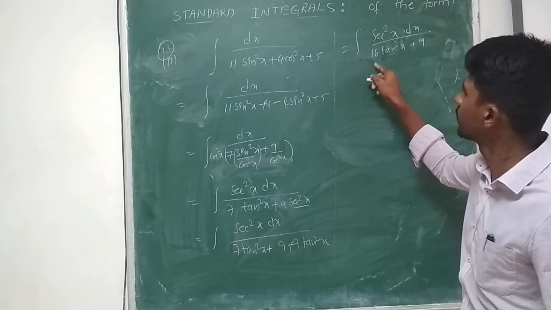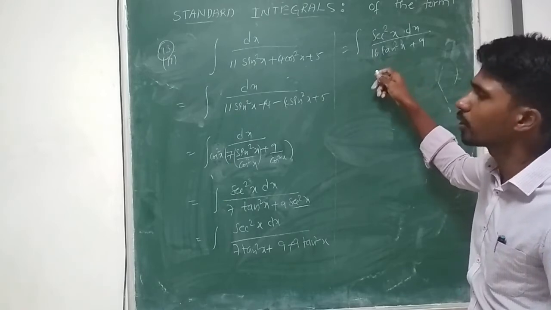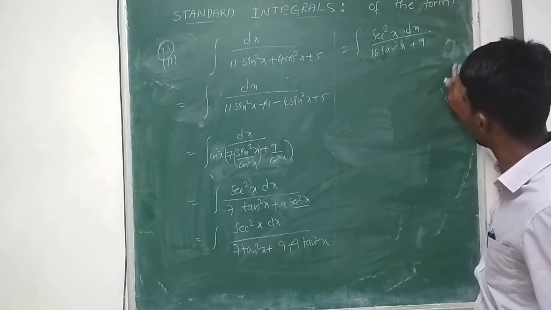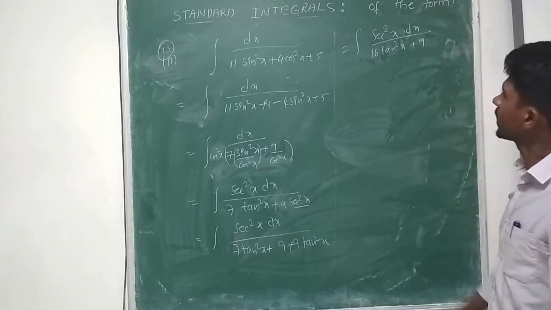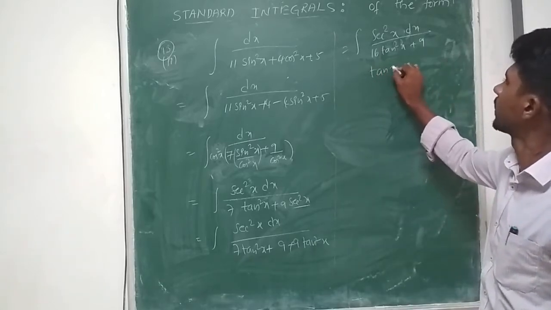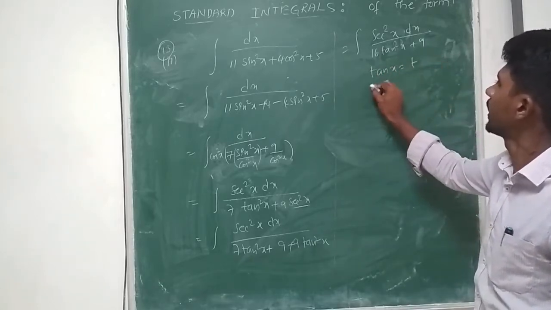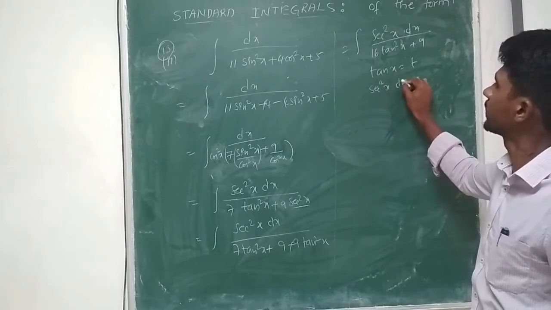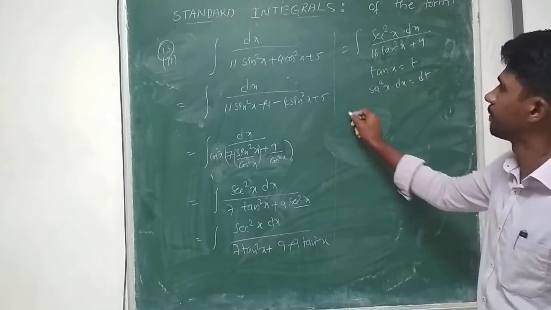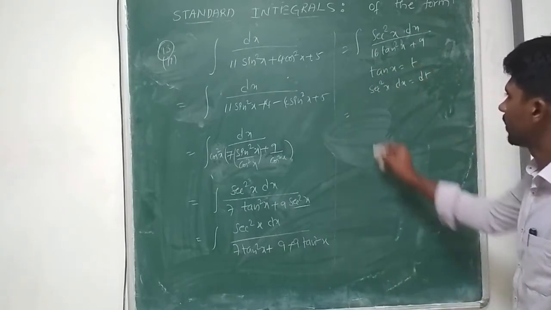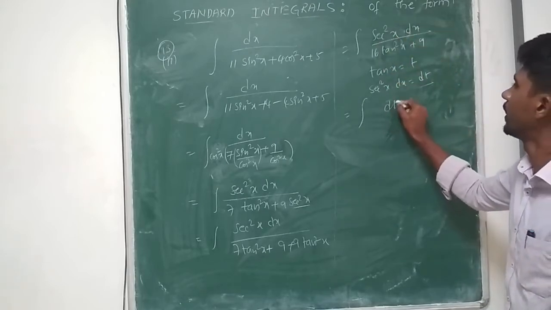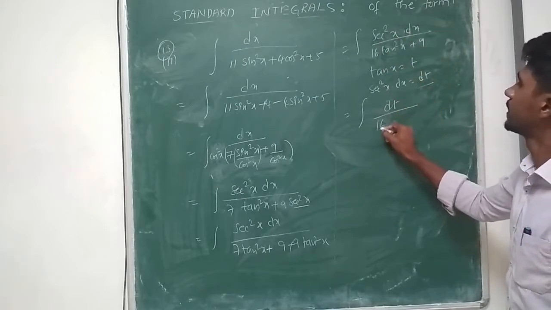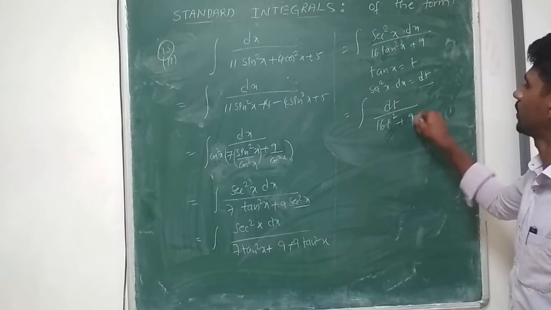Let me substitute. I can take tan x as t, then secant square x dx will be equal to dt. Then substituting, we get the integral dt by 16 t square plus 9.